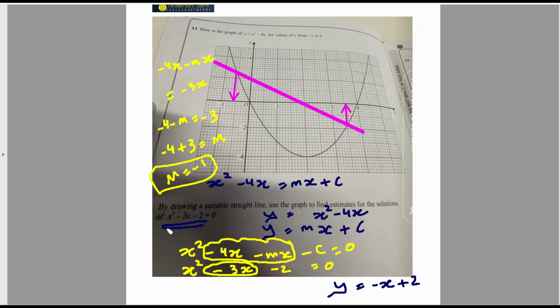As you see here, there is no y in this one, it's only x's. This is going to be roughly minus 0.6, and this one is going to be roughly 3.5. That's the solutions. Okay.